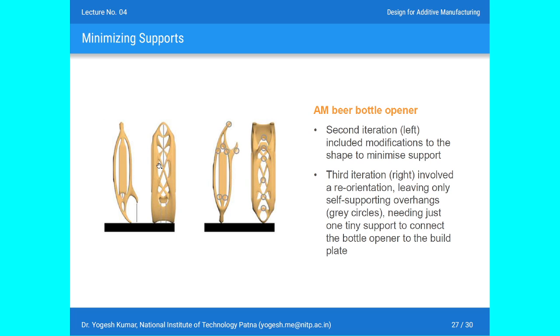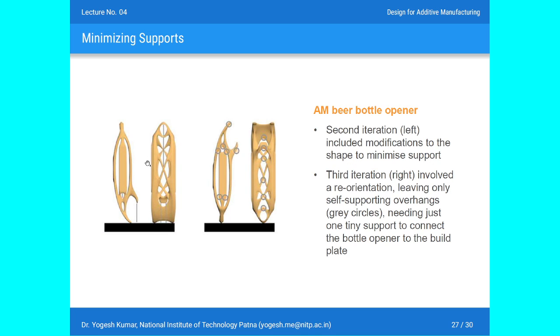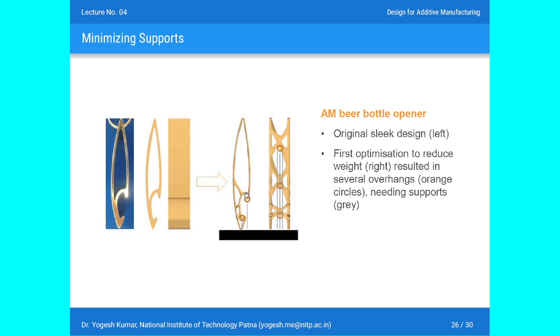Second, in the next step, how can you reorient the component so that the printing of support structure is minimized? Previously this was in a downward direction.